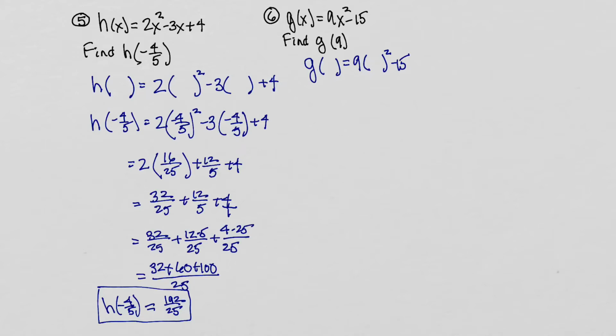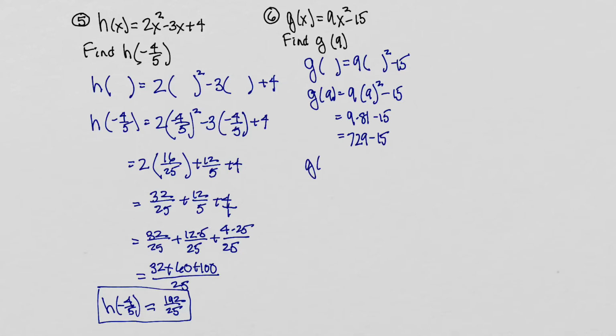Now, let's put in the 9 here and here. So this is going to give us that g of 9 is equal to 9, and then a 9 goes in there, squared minus 15. That's equal to 9 times 81 minus 15. 9 times 81, 729 minus 15.